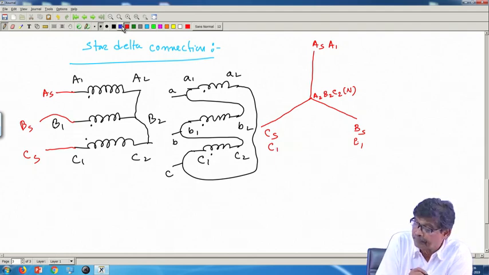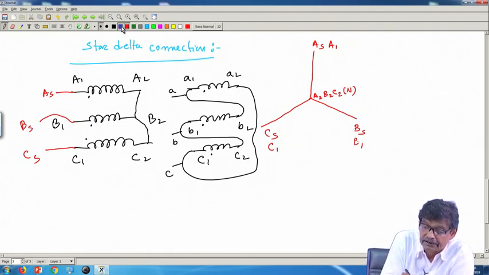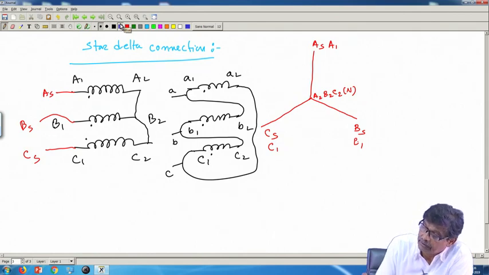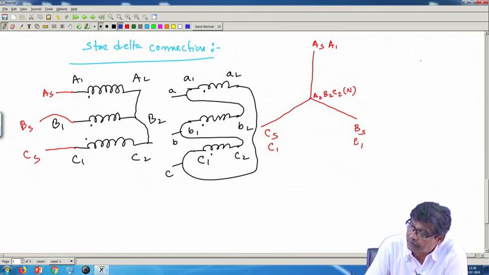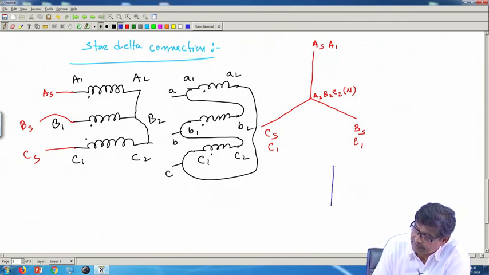Now, I will sketch the secondary voltage. Now, you see there is the voltage A1 A2 which will be parallel to A1 A2. So, I draw it here, space is there. This is suppose A1 A2, it must be like that.